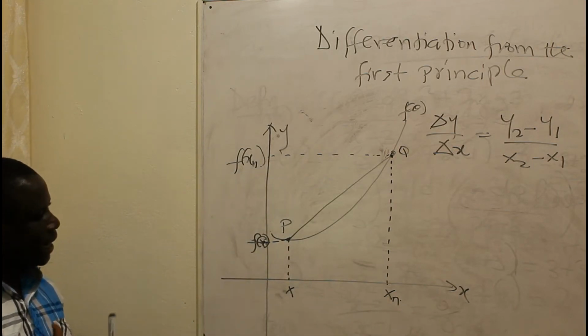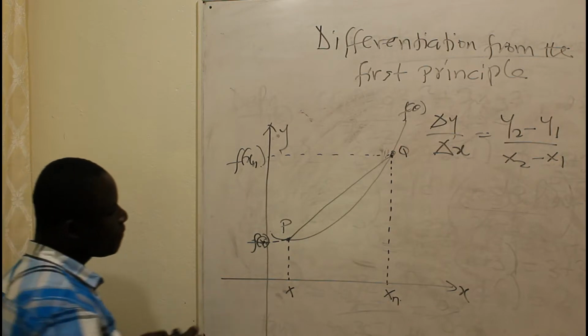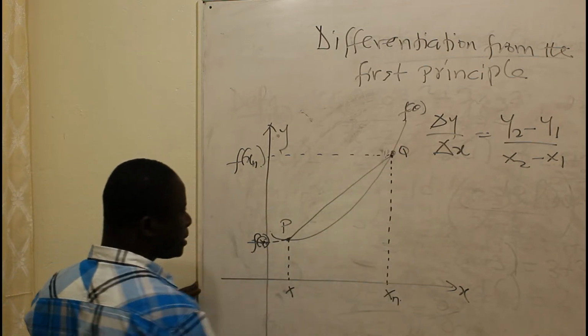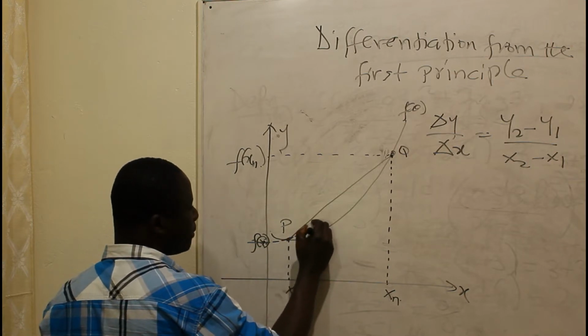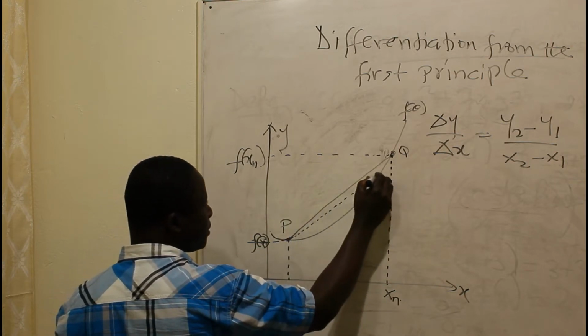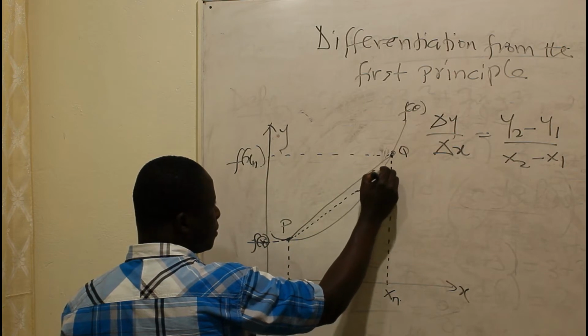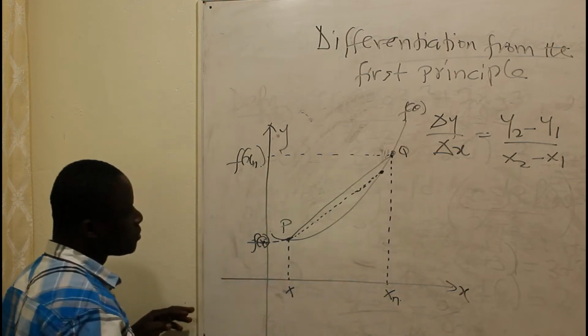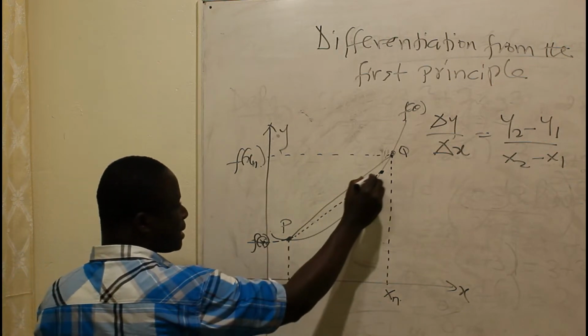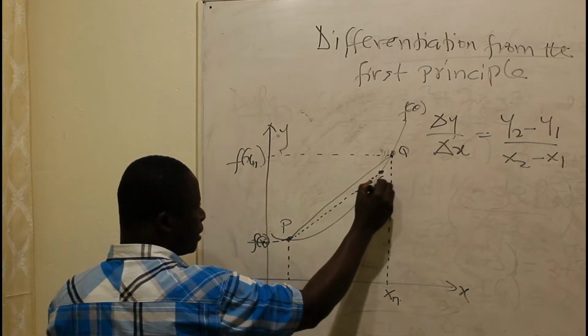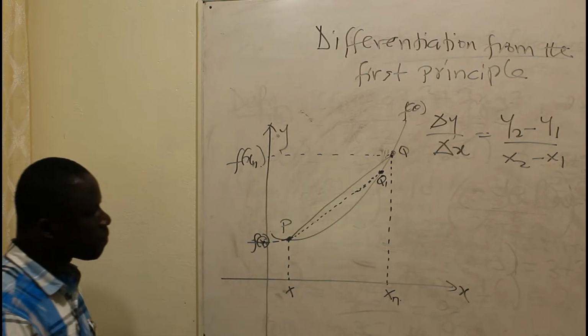So what we are saying here is that if I try to push this secant down, the line will behave like this. So that P will remain standstill, but Q will move down, and this will be Q1.